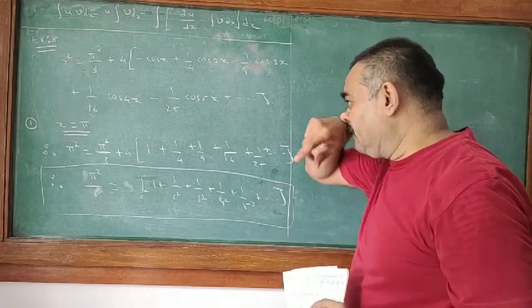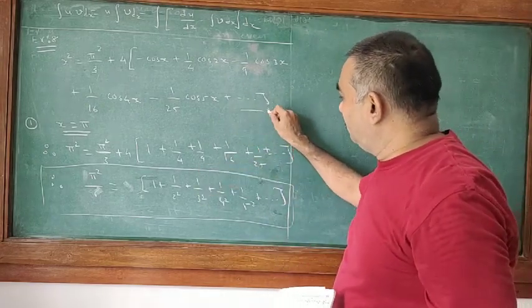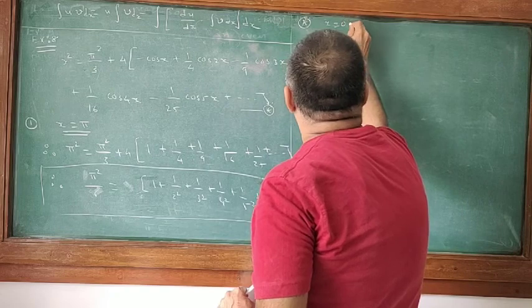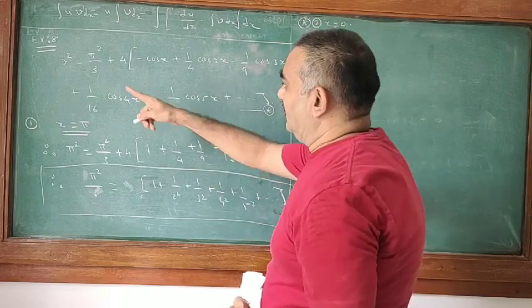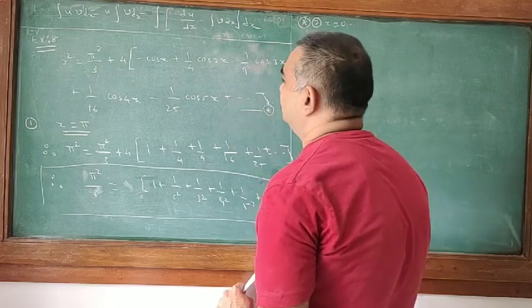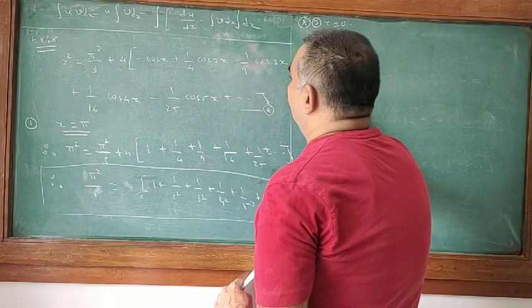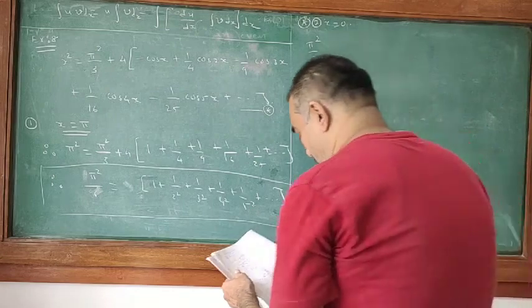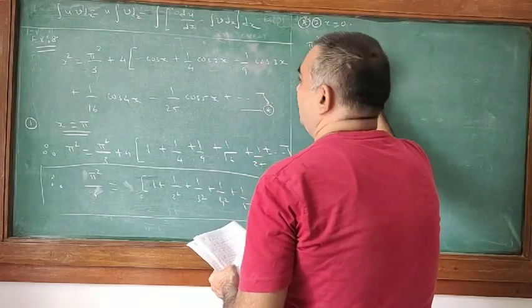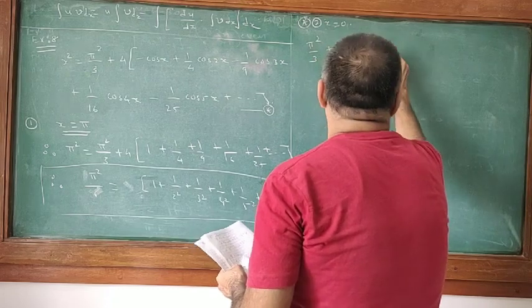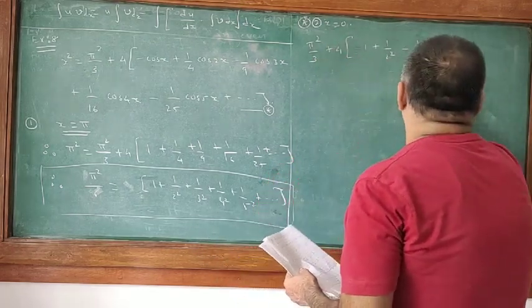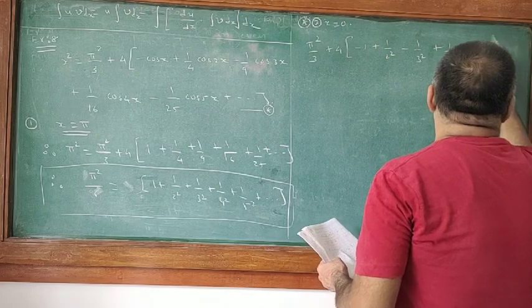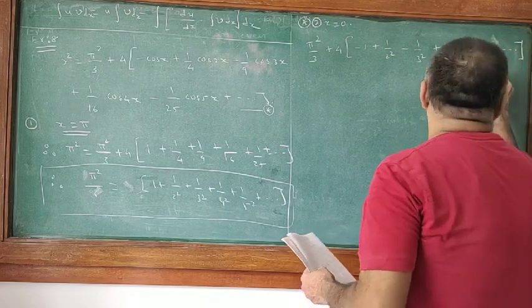Now I say this is equation number S3. In S3, if we put x equal to 0, then pi square by 3 plus 4 times minus 1 plus 1 upon 2 square minus 1 upon 3 square, 1 upon 4 square, 1 upon 5 square and other terms equal to 0.